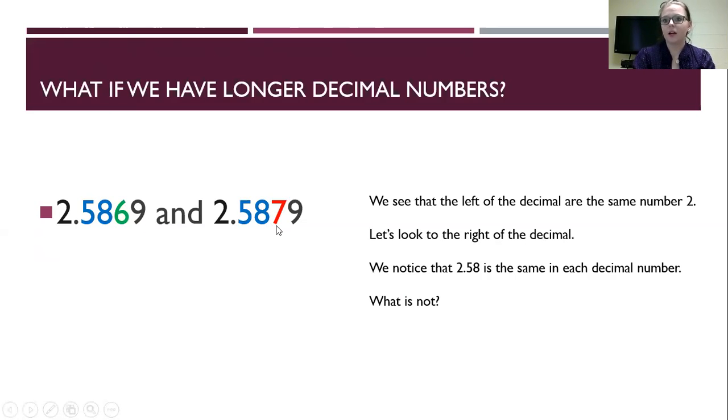So that is how we're going to identify that. We are going to say 2.5869 is less than 2.5879. So if we're doing smaller first, we're going to put 2.5869 first, and then the second one is going to be 2.5879.